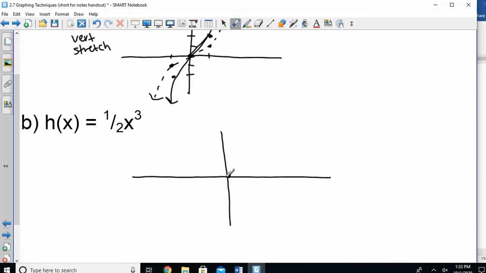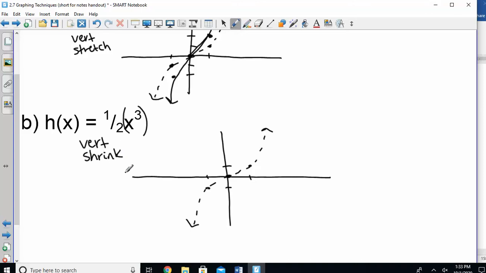So we can put our 0, 0, 1, 1, negative 1, negative 1. And then what does the 1/2 do? It's outside, so it's changing the y. It's just like multiplying your y's by half, so it'll be a vertical shrink.